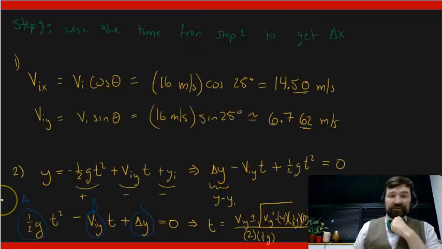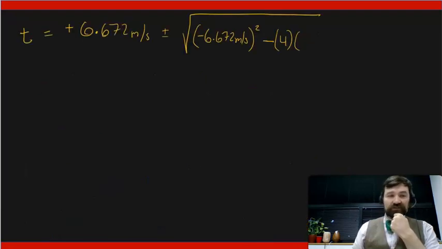And notice when I set up this equation, I already labeled this term as negative 1/2 g. So this 1/2 g, these are all positive numbers. So this ends up being 1/2 times 9.8 meters per second squared.